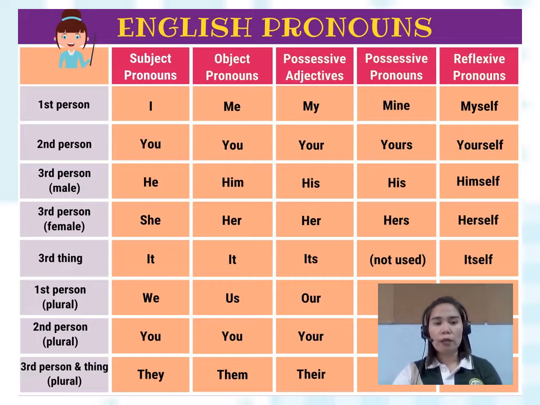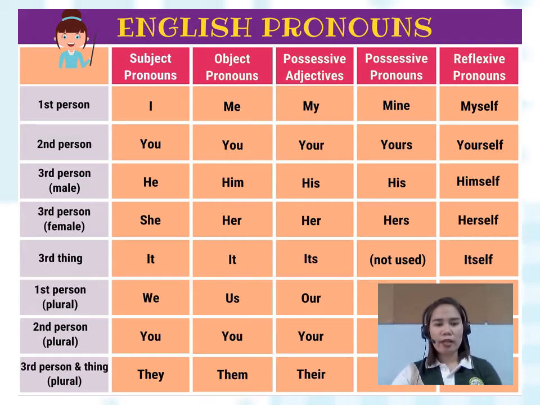So we have here for male, subject pronoun is he, the object pronoun is him, possessive adjective is his, possessive pronoun is his, and reflexive pronoun is himself. And for female, we have she, her, hers, and herself. By the way, we are using the third person in indirect or reported speech.